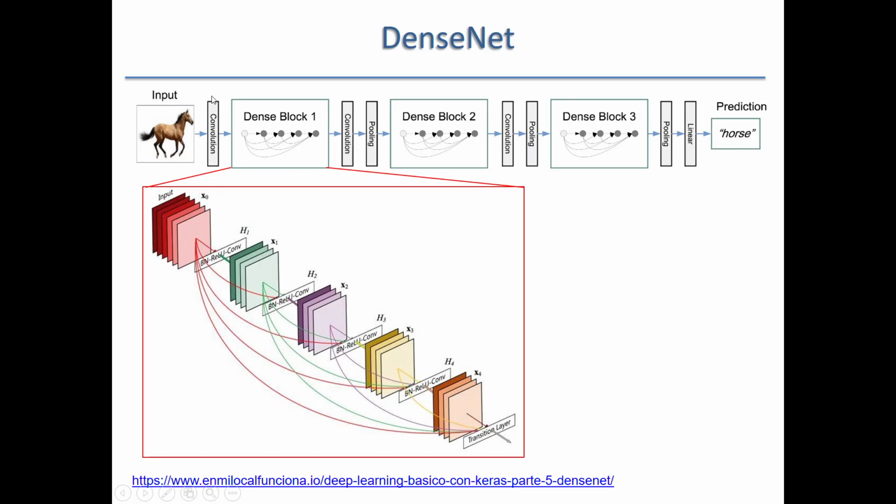You have a convolution, then a dense block. The dense block structure is quite fixed, and then you do another convolution, another pooling, and you repeat: dense block, convolution, pooling, repeat, and then pooling, and the output. The goal is to predict the class of the object in the input.